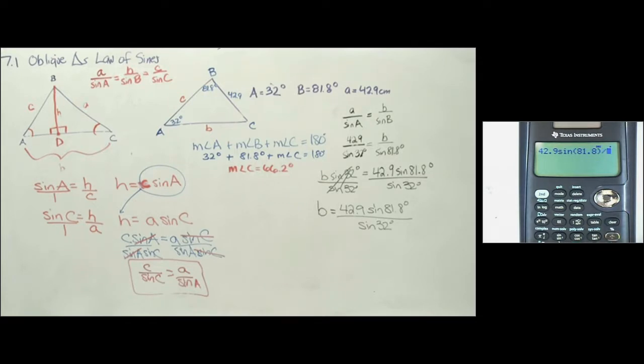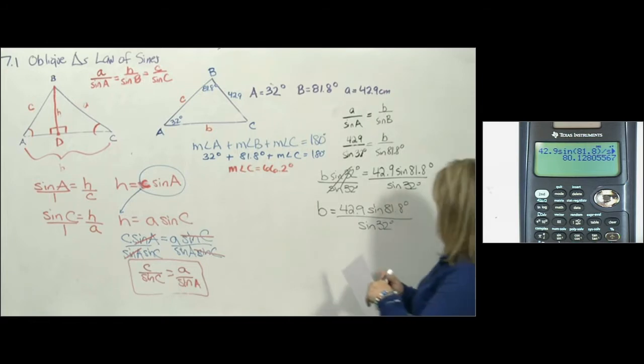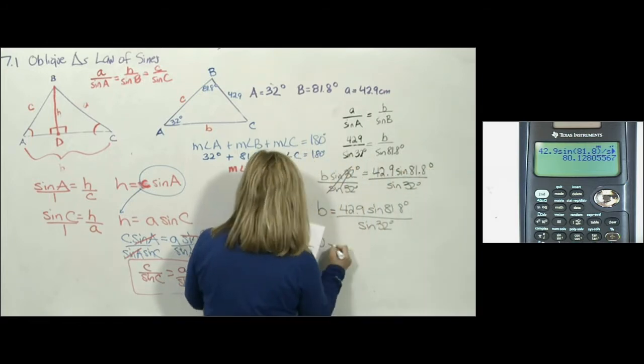Divided by sine 32 and close it for degrees. You always close the angle measurement. So whether we're using the Pro or the 30 plus, we're going to do the same thing. And there is our answer. Again, we've discussed this. Do not round your answers till the very end. Okay, that's important. So what I have here, I'm going to write out my official answer.